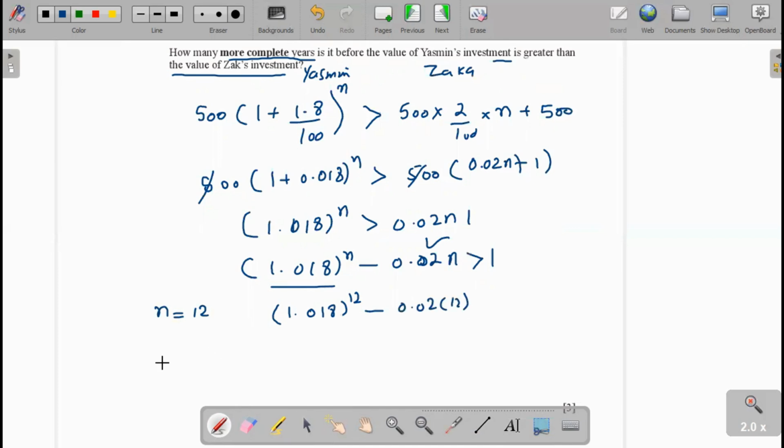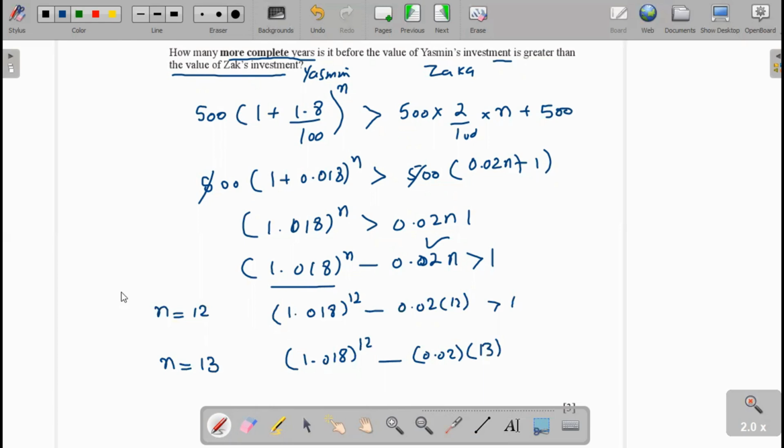And next we take the value 13, and we see whether at that value the answer is greater than 1. Now this is the second value: 1.018 power 13 minus 0.02 into 13. We check these values in the calculator.